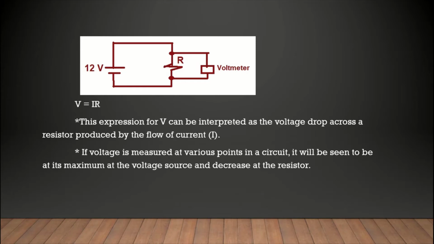But if you move the wire of the voltmeter to the resistor in the circuit, the voltage will be seen as decreased. It decreases when it reaches the resistor. And that is what we call voltage drop. The voltage drop, because the resistor resisted the source. Okay?